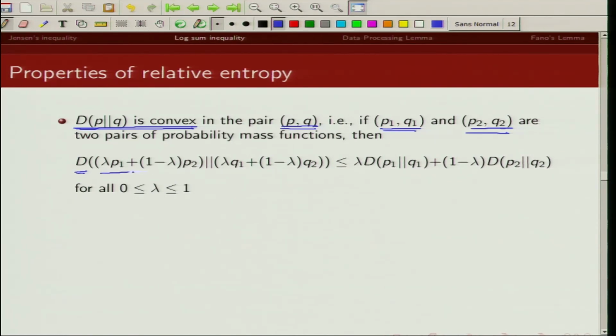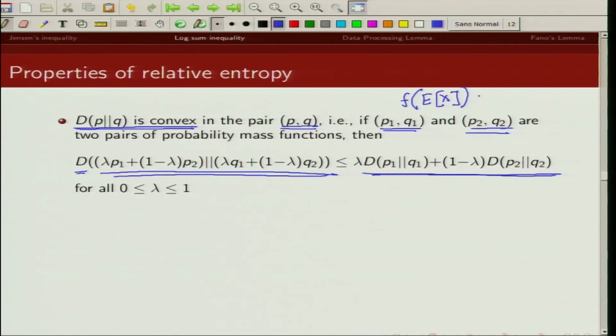function evaluated at expected value of x is less than or equal to expected value of function. This is when the function is convex, right? We have just shown that function at expected value of x is less than or equal to expected value of function.